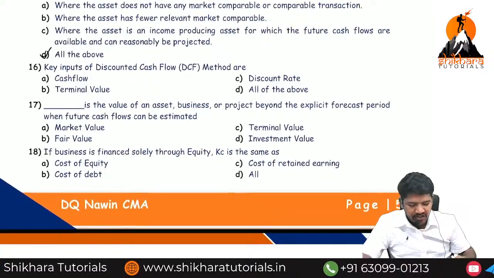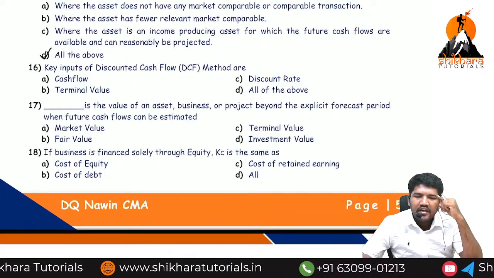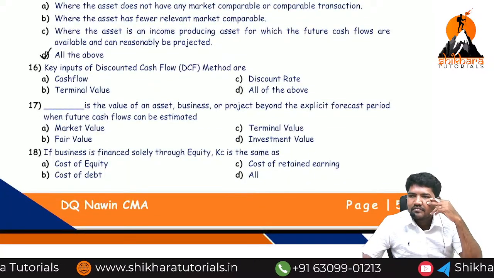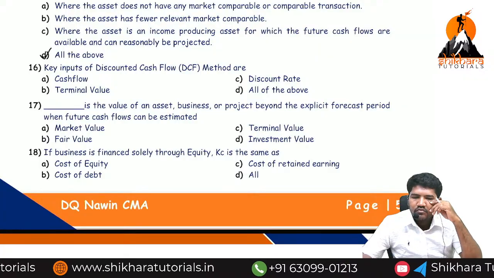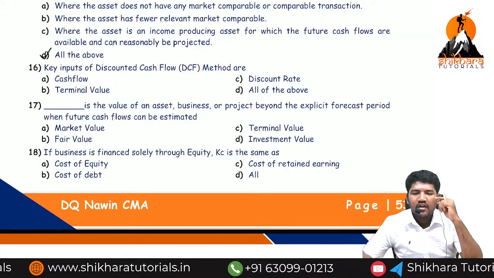Now what about illustration number 16? Key inputs of discounted cash flow method. Cash flow, terminal value, discount rate, all of the above.